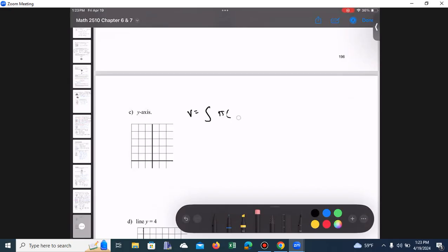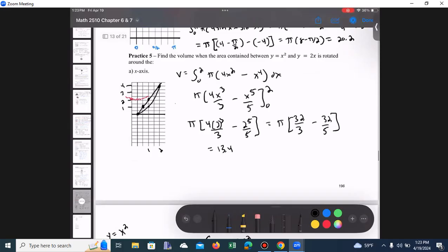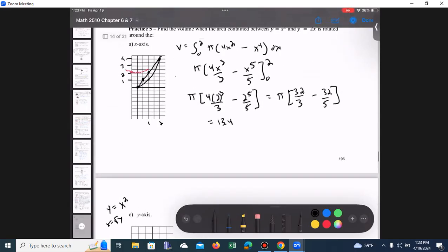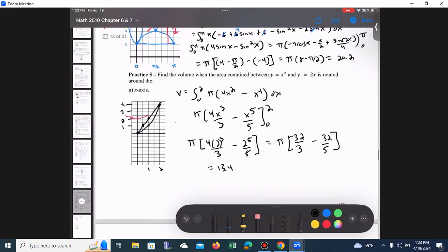We're doing it across the y, we have to use blocks. So we have x squared as the outer one. So that's going to be x equaling the square root of y. The square root of y squared minus, and then the inner one's your 2x. So if we solve that for x, we get y over 2.